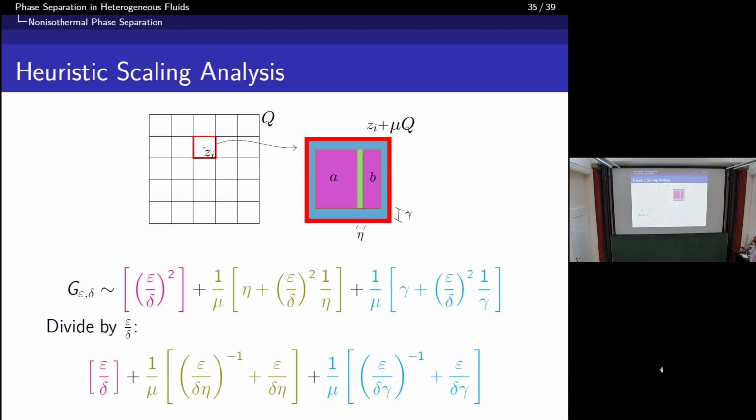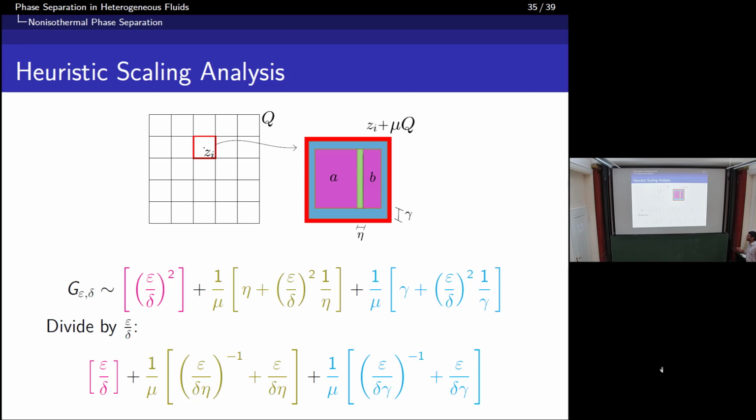So you consider this type of thing where you have some A of x here, B of x here, an interface which connects them, and then a cutoff region which connects them to the next cell. If you periodize this, if you take any Q and periodize this in mu, you get this energy, where I color coded where each term comes from.